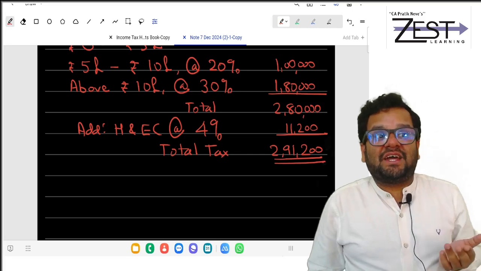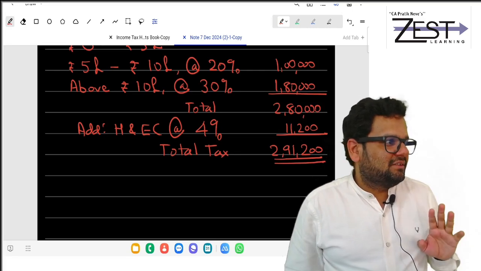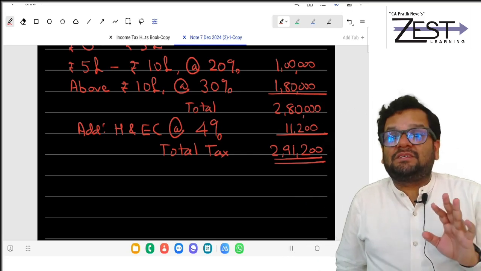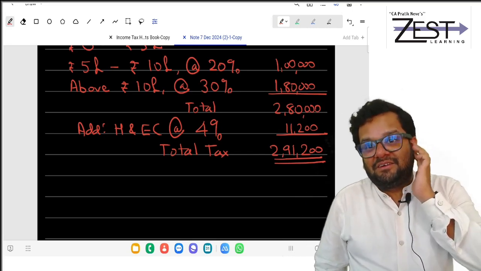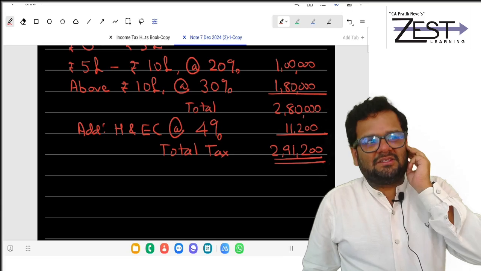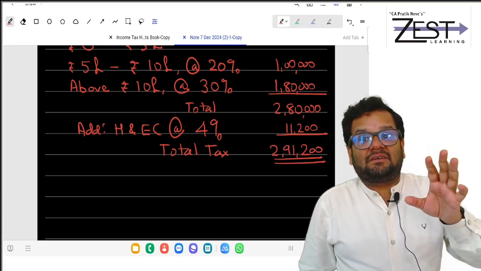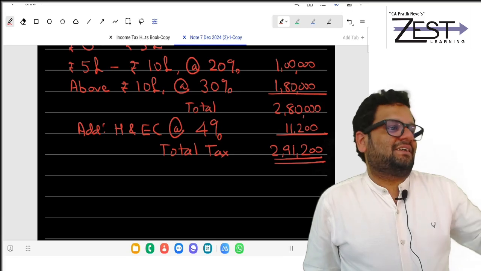So GST is which tax? Regressive tax. But income tax is progressive. What is the meaning of that? Higher the income, higher not only the tax, higher the effective rate of tax.